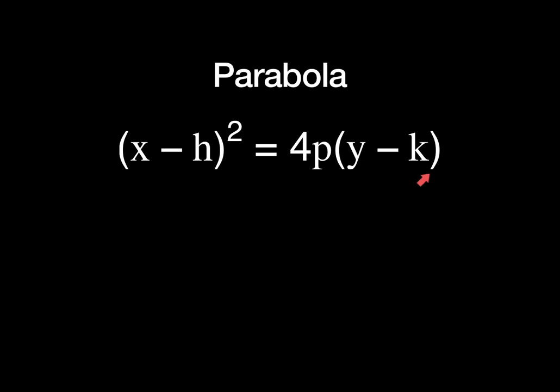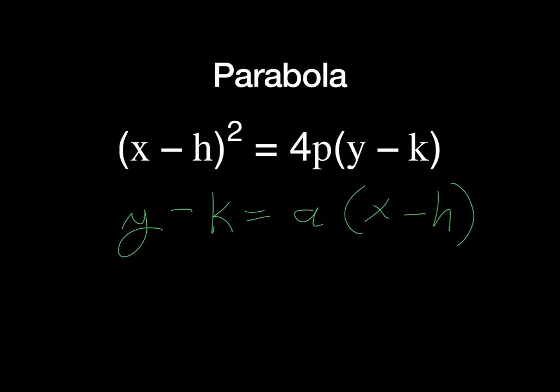We've looked at this in the past, but when we looked at it the other day, we had it written as y equals a times, oh, no, we didn't write it like that. We did y minus k equals a times x minus h. All right, because the last time we got together, we actually were doing completing the square to find the vertex. These are the same thing.